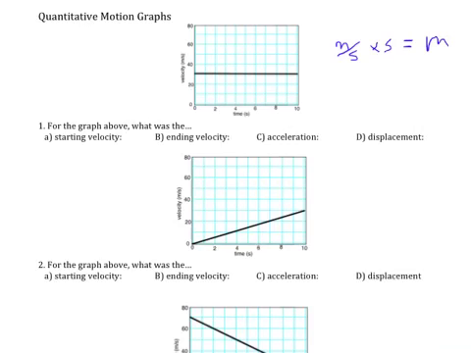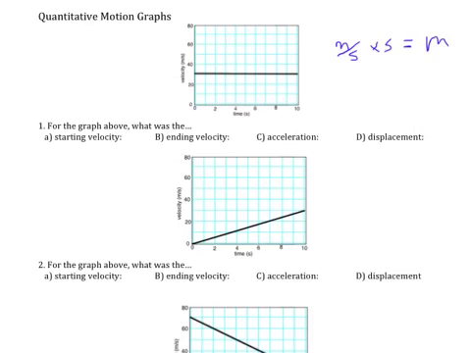So if you multiply this value by this value, what it gives you is this area. So on a velocity versus time graph, the area under your line, or in some cases a curve, is going to be equal to the amount of displacement that occurred, because meters per second times seconds leaves you with meters.